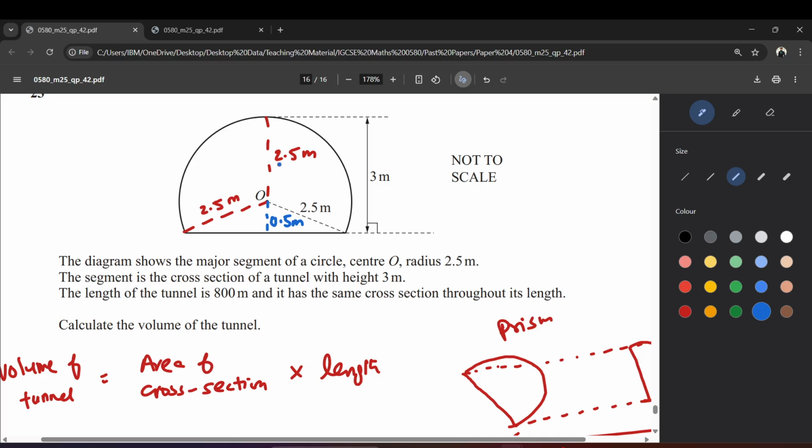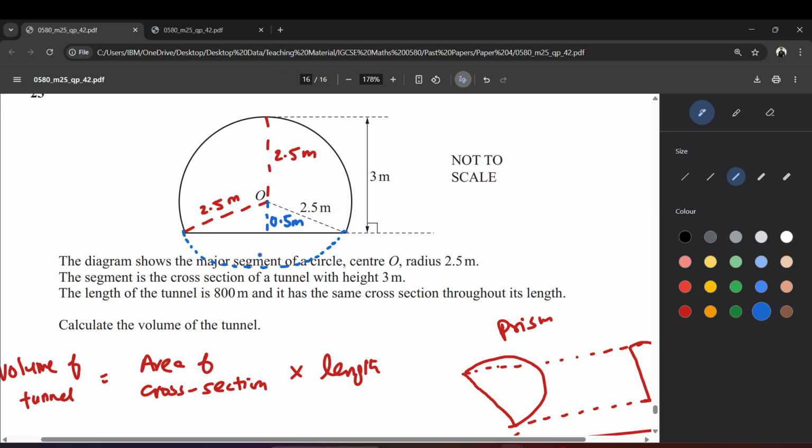If I need to find the area of this major segment, let's say I complete this circle, so this is a complete circle. What I can do is work out the angle at the center, because once I've drawn this shape, this is now a sector, starting from this point till O, then from O to this point, and then this circular part.